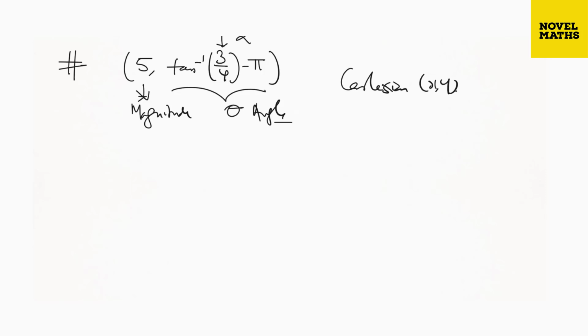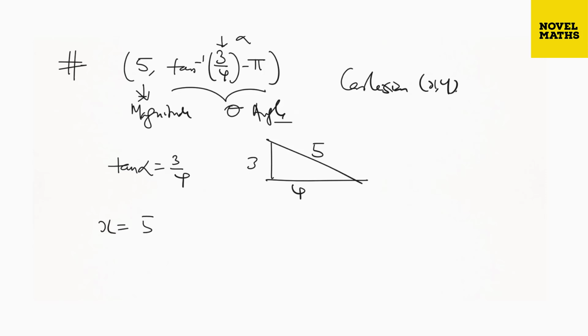Let's call this alpha. So tan of alpha is 3 over 4, and this is a very well known triangle, right? This is 3, 4 and 5. So what is the x coordinate? X is r cos of this theta, or you can say alpha minus pi.